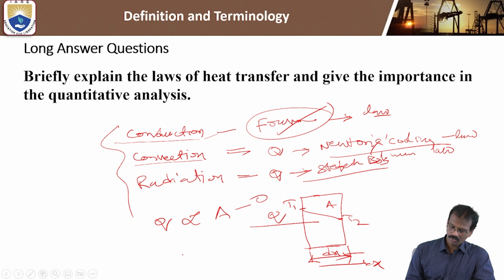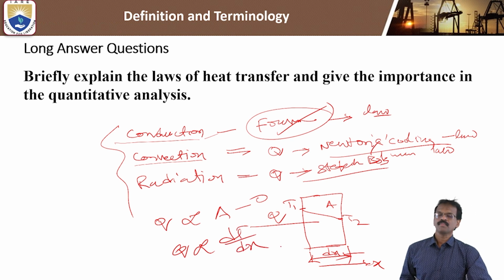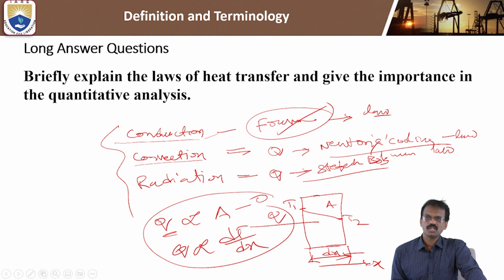So this rate of heat transfer Q is also directly proportional to dT by dx. According to Fourier's law, the rate of heat transfer is directly proportional to the area of the homogeneous body normal to the direction of heat flow, and directly proportional to the temperature gradient.